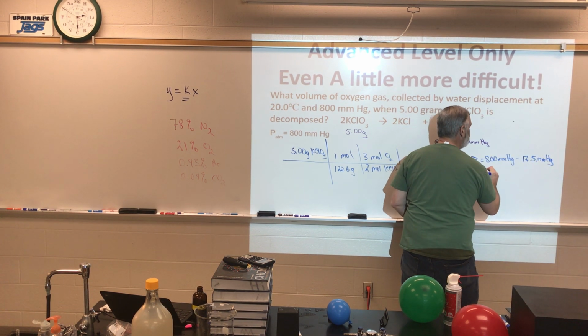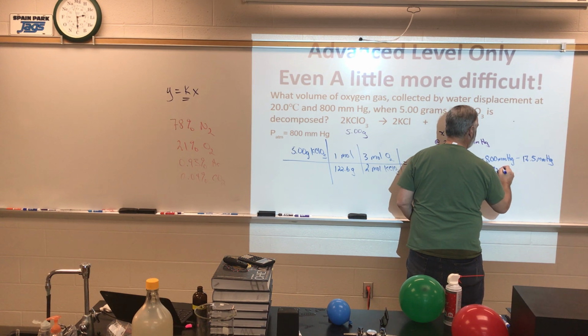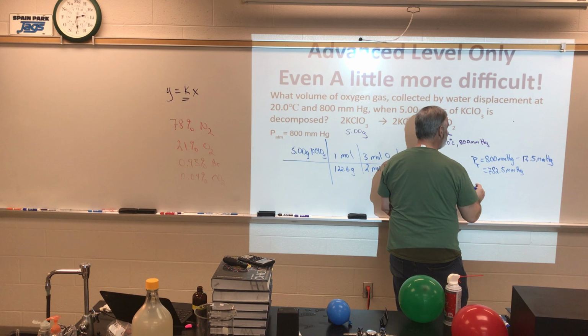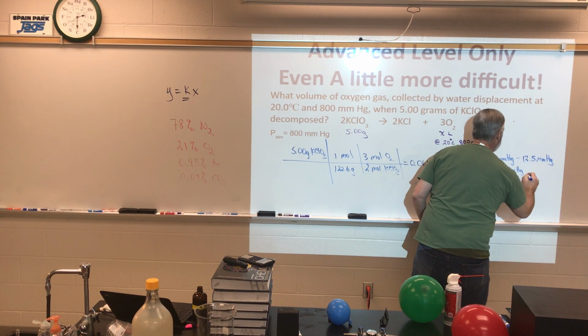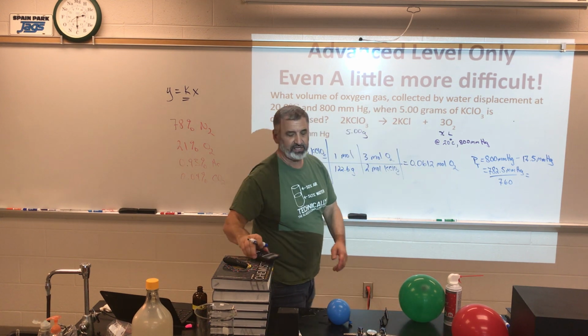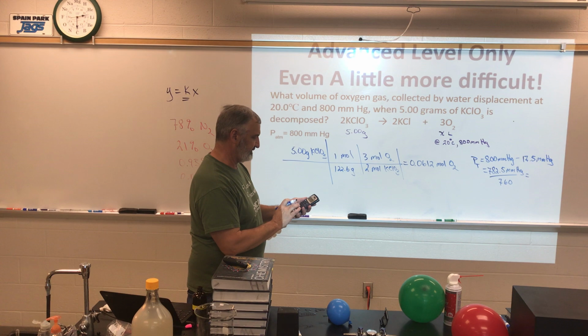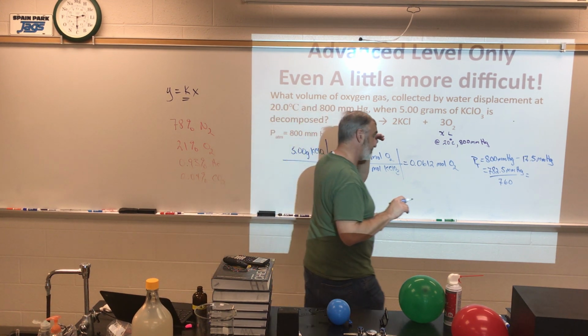So that tells me we're at 782.5 millimeters of mercury. But I need that in atmospheres, so I divide by 760. 782.5 divided by 760 is 1.03 atmospheres.